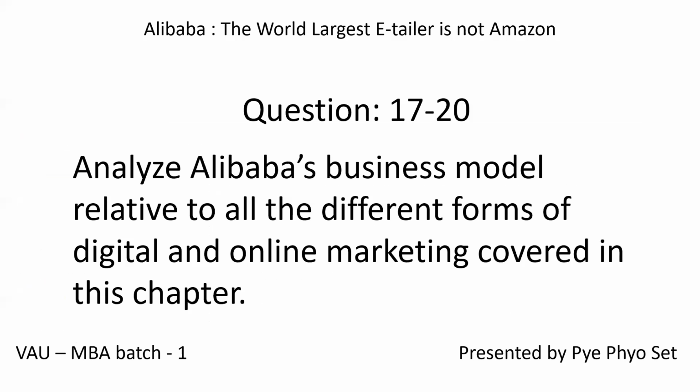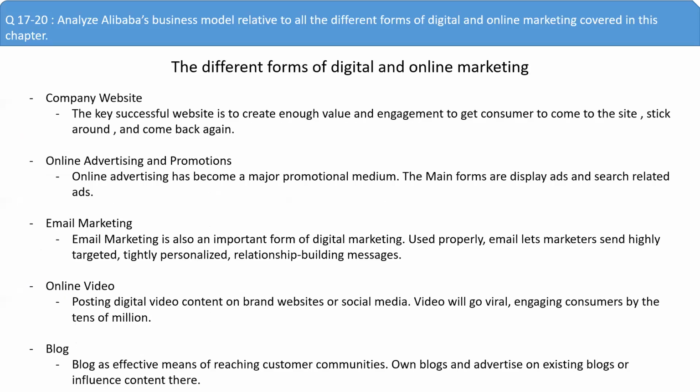Question 17-20 is: analyze Alibaba's business model relative to all the different forms of digital and online marketing covered in this chapter. So here I would like to highlight the different forms of digital and online marketing.